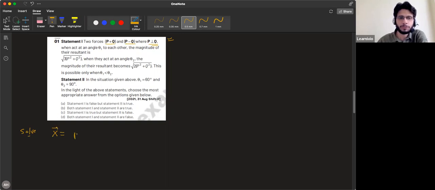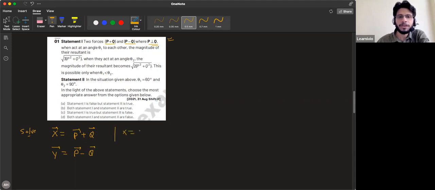X is vector P plus vector Q. See, these bold terms mean vectors. So the bold P means vector P, bold Q means vector Q. You won't get arrows in most of the exams. Instead of arrows, they just bold the term. And P minus Q. So your Y is vector P minus vector Q.